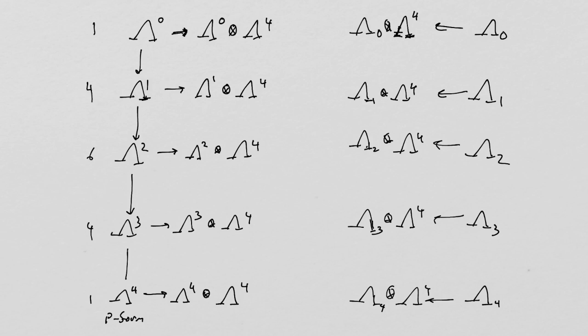So what's to say that I can't have a mapping from here to here, right? Or, for that matter, a mapping from here to here? What about that?